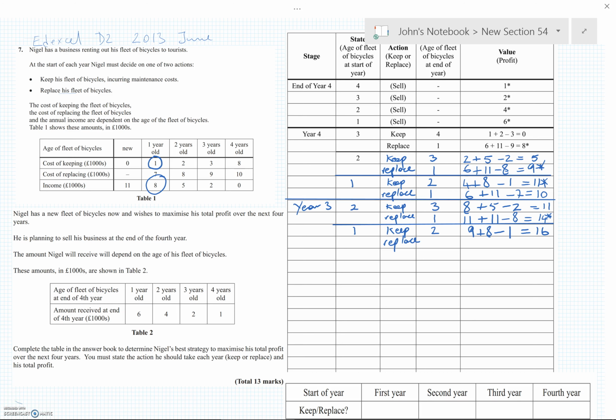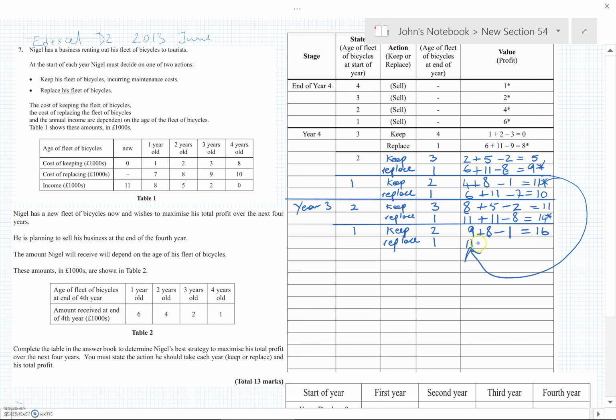So you're getting the feeling for this. If they're replaced, on the other hand, we will have new at the beginning, but they will then become 1 year old at the end. Okay, we're pulling down the optimum from that state from before, which is our 11. So that's our 11 being pulled from before.